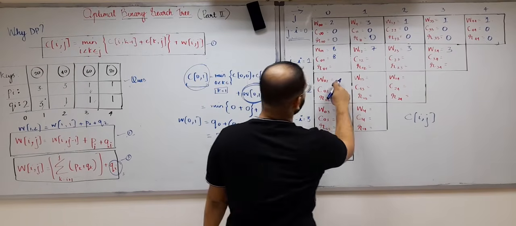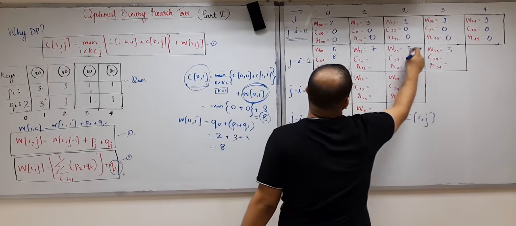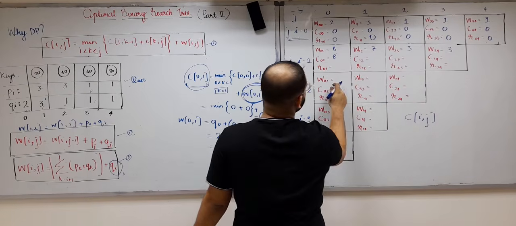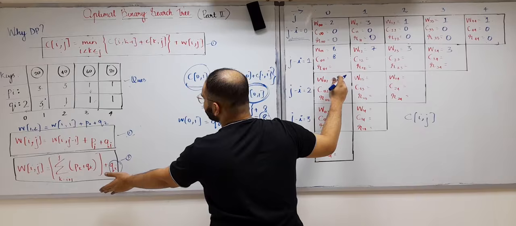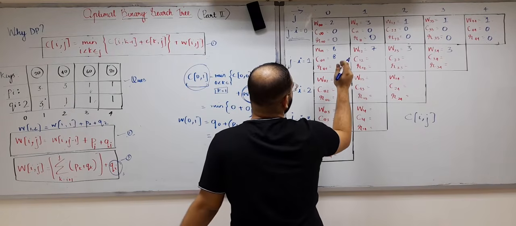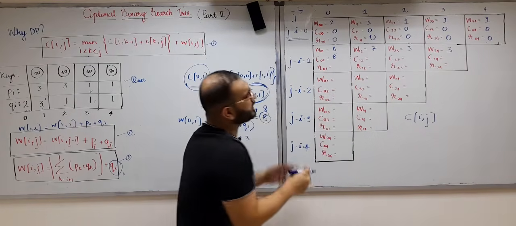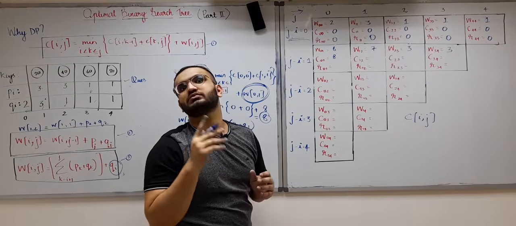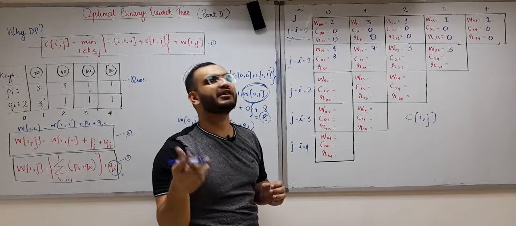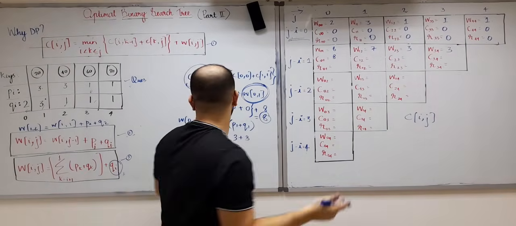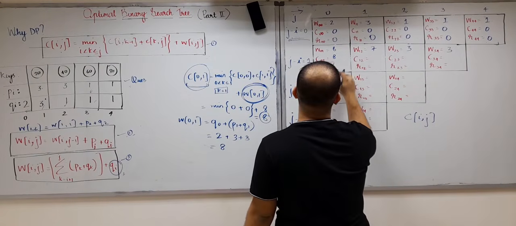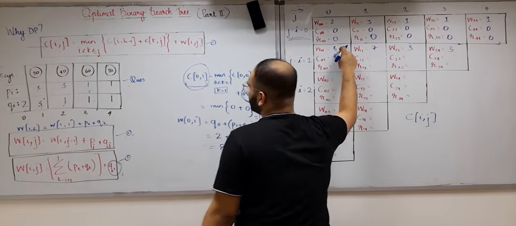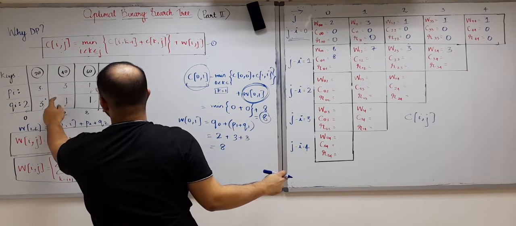So in the same way, how we found out these weights using the above weights, these weights we can find out again using the second formula rather than the third formula. So basically W0 comma 2 will be equal to W0 comma 1 plus P2 plus Q2, right? Using the second formula. So W0 comma 2 will be equal to W0 comma 1, that is 8, plus P2, that is 3 plus 1.